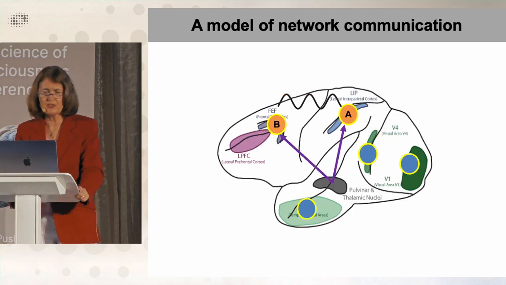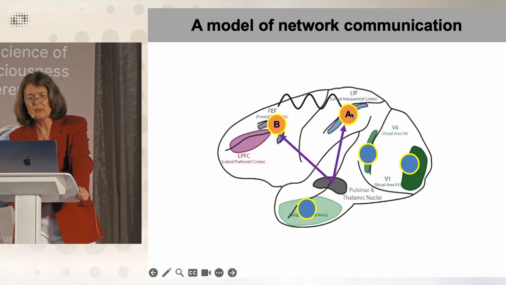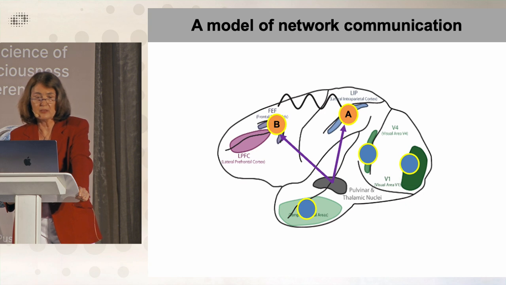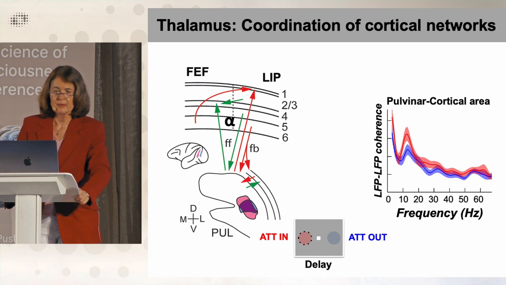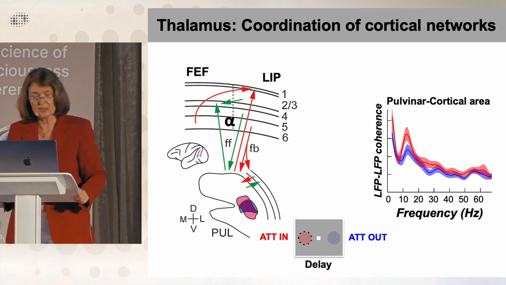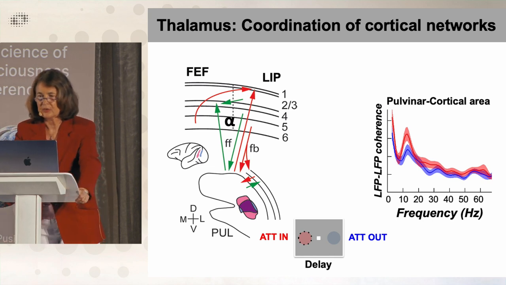And what the pulvinar is doing is synchronizing this slow oscillatory activity between these two regions. Typically that's done in a slightly higher frequency band than our theta rhythm that characterizes the attention network. These are so-called alpha oscillations between 10 and 15 hertz.